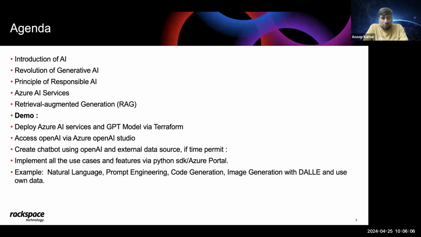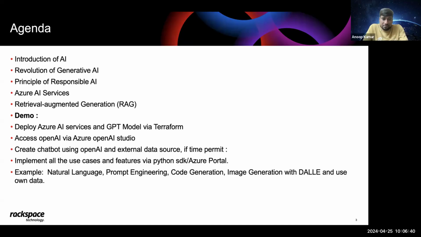In the demo, I'll deploy the Azure AI services and a ChatGPT model via Terraform. I have the code in Terraform as well. Once that is deployed, we can access it from the portal and access OpenAI via Azure OpenAI Studio. Then we will create a chatbot using OpenAI and an external data source and see different examples and use cases.